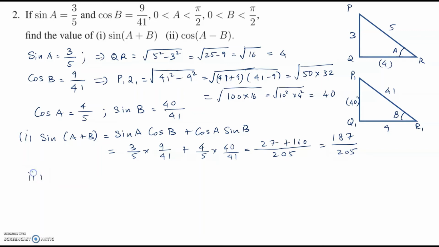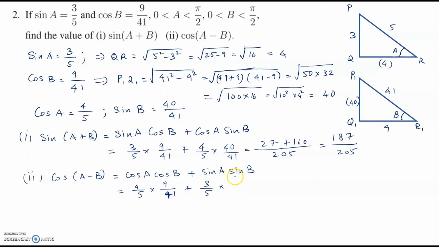Then the second part of the question, which is cos(A - B). The formula is cos A cos B plus sin A sin B. Again, substituting the values, cos A is 4 by 5 and cos B is 9 by 41, plus sin A is 3 by 5, 41 here, into sin B is 40 by 41.